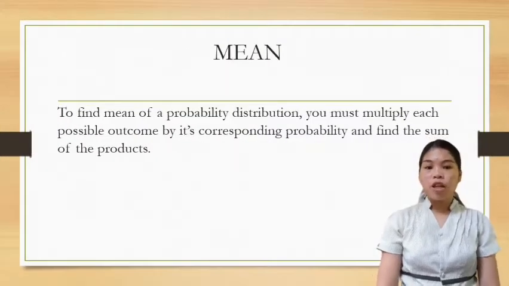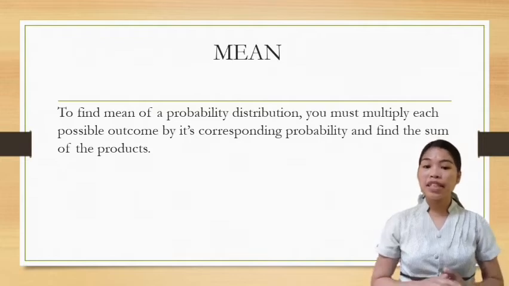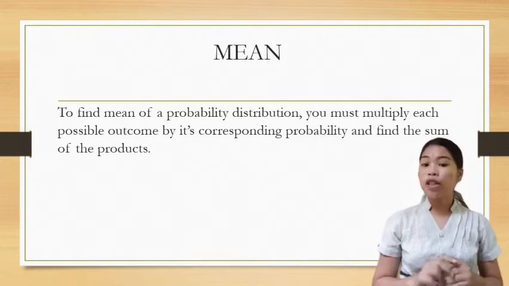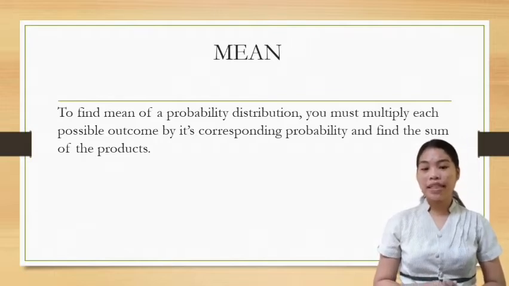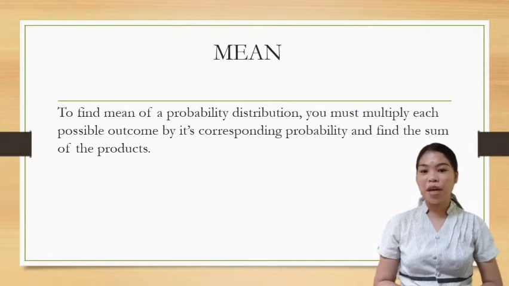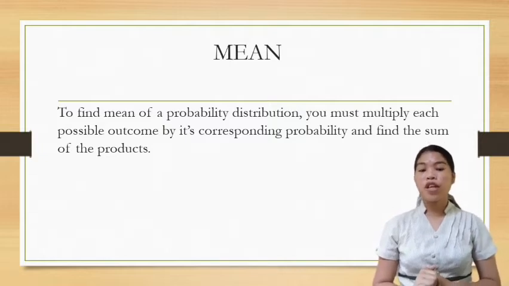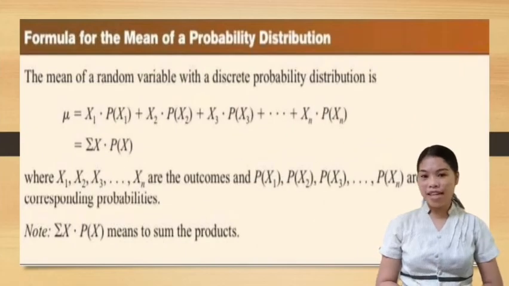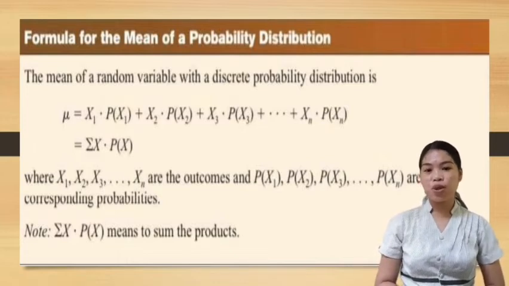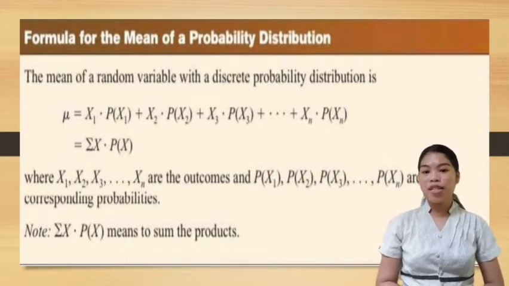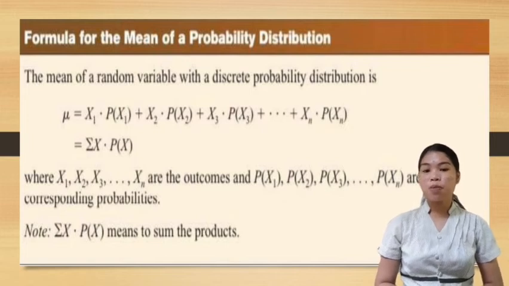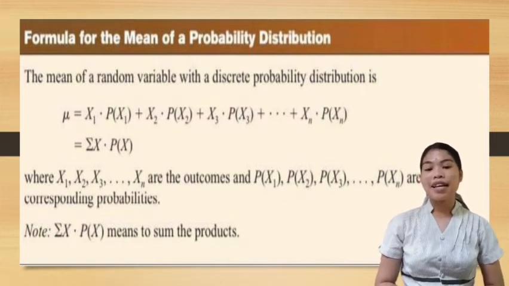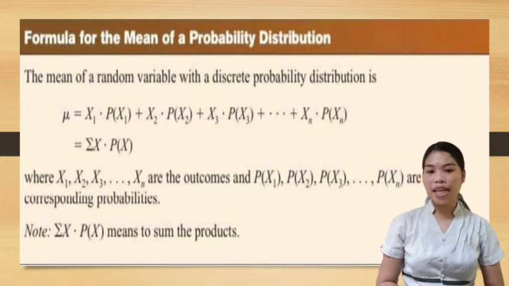Mean. To find the mean of a probability distribution, you must multiply each possible outcome by its corresponding probability and find the sum of the products. So here is the formula for the mean of a probability distribution. Mu is equal to x sub 1 times P of x sub 1 plus x sub 2 times P of x sub 2 plus x sub 3 times P of x sub 3, and so on.